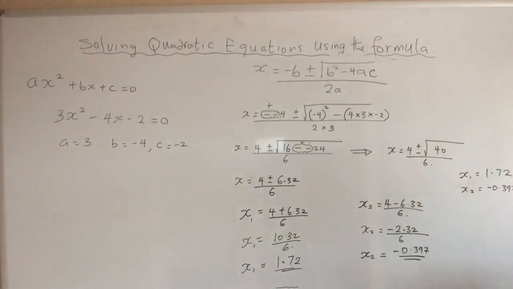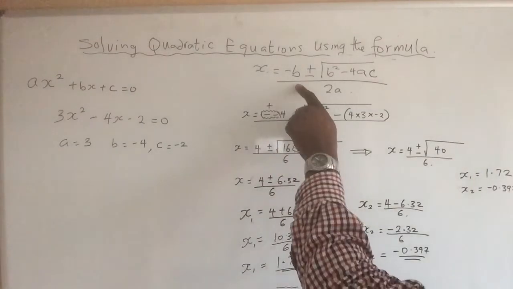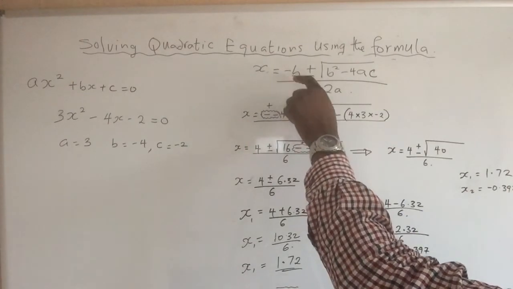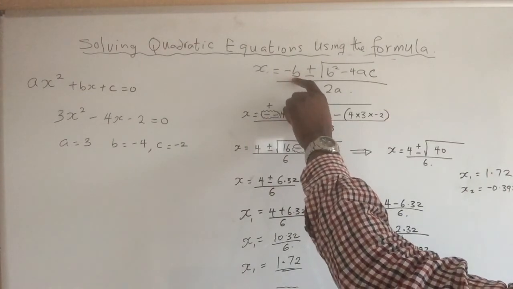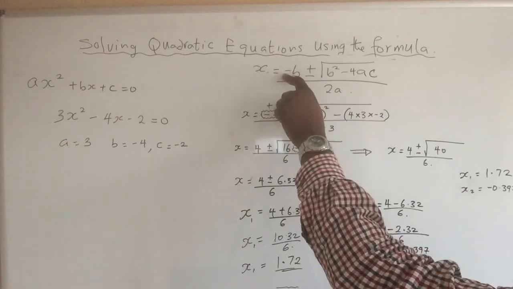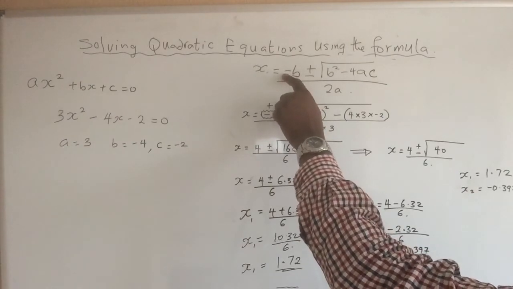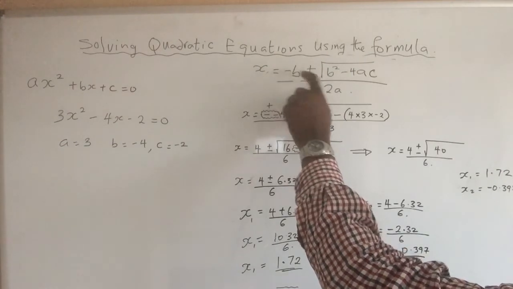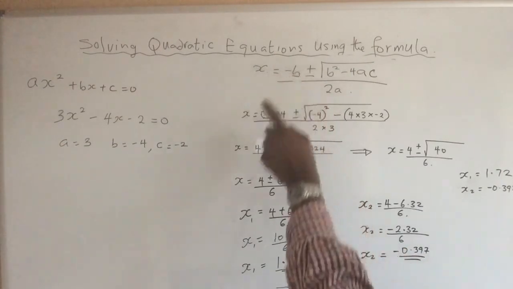Just quickly to remind you, when you're solving questions like this, you need to watch out for the pitfalls. Pitfall number 1, if your b is a negative number, you need to remember that there is a negative with that formula. So irrespective of what b is, there should be a negative here. And if b is a negative number, it becomes positive.